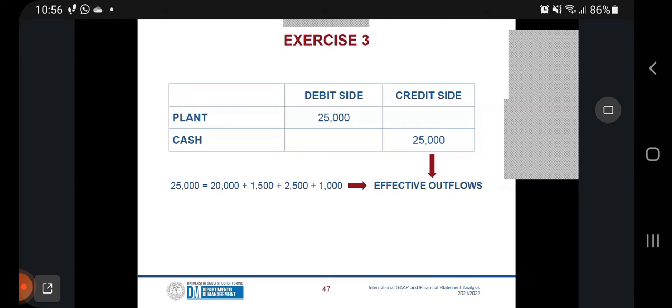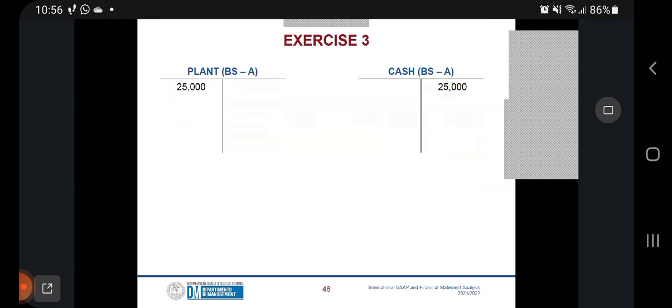But I've just said the value of the plant was approximately 29,000, and so we have to consider also the dismantling cost. So these are the updated T accounts: plant, balance sheet 25,000, and the outflow of cash for 25,000.